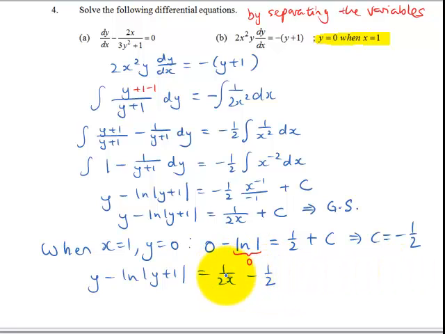So if you can see there's a common half here, what you can do is multiply by 2 across. So you can either leave your particular solution in this form or you can leave your particular solution in this form. Both are alright.